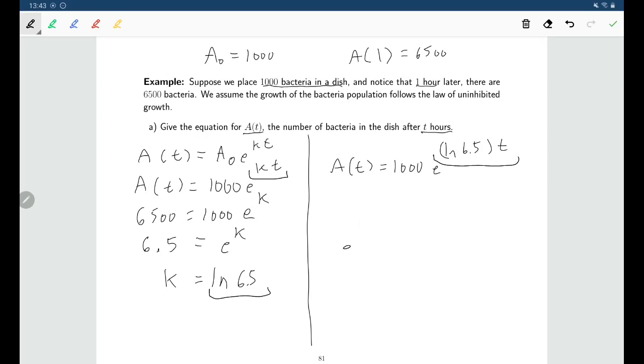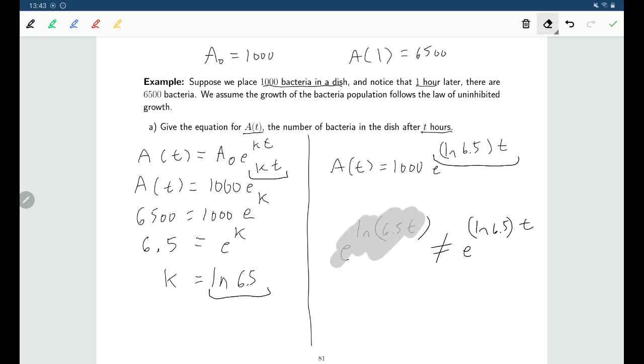A mistake that people will sometimes make is to think that the t is now somehow inside of the natural log, but that's not the same thing as what we have. What we have is our growth constant, natural log of 6.5 times t. So that is not the same thing as t being inside of our natural log.